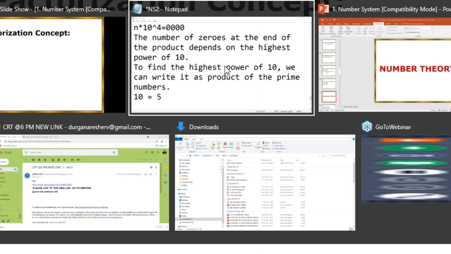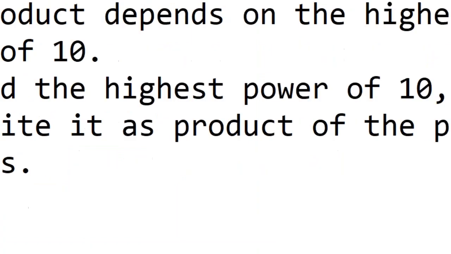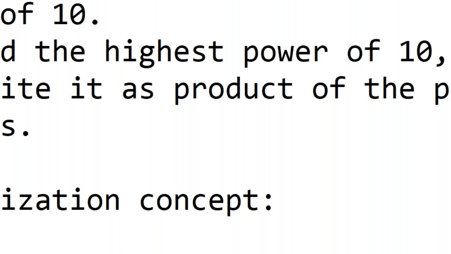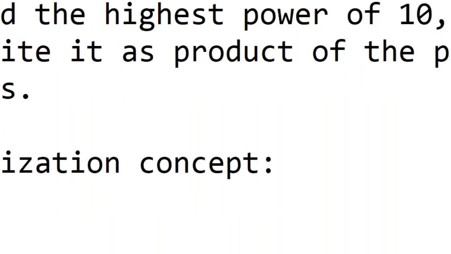For example, if you take a number in factorization concept, listen all of you, take a smaller number, 150. What are the different factors for 150? One is the factor, and if one is the factor, the other factor is 150.